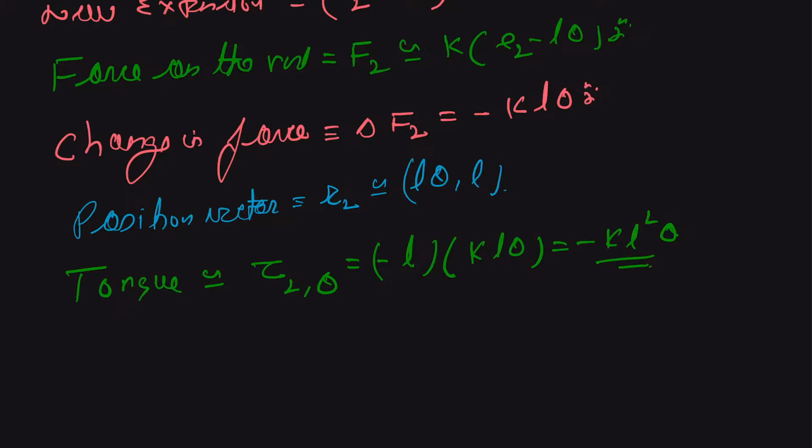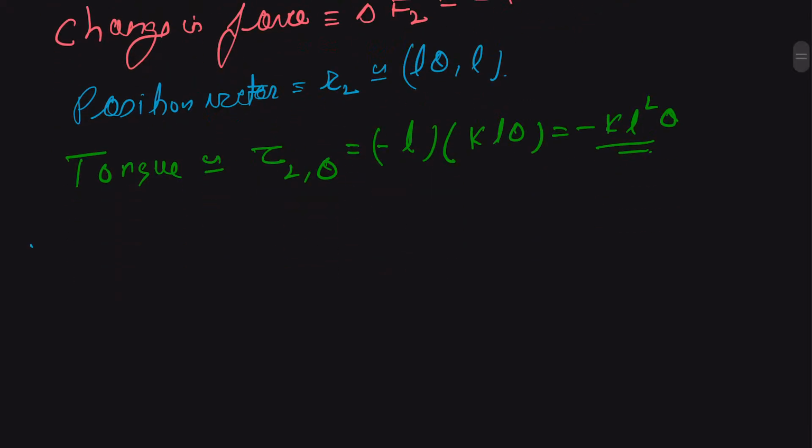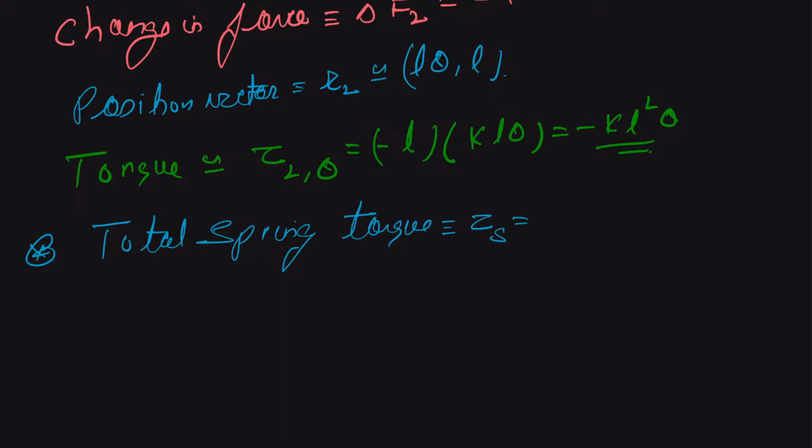So we found out the torque tau 1 as well as our tau 2, and therefore the total spring torque, that is our tau s, will be equal to tau 1 theta plus tau 2 theta.